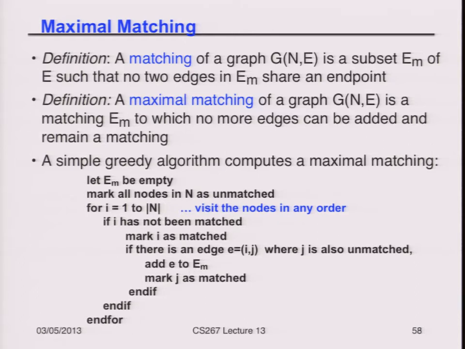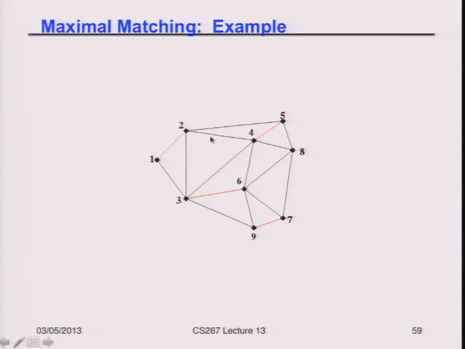So let's run the algorithm on a little graph and just see what happens. So here's my graph. And I'll visit the vertices in numerical order. I'll start with vertex 1, and I'll say, visited you. Can I find an unvisited partner? Yeah, vertex 2. So I'll grab the edge that I've colored red and add that to my matching. Then I go to vertex 2 and say, oops, I've been there already. Then I go to vertex 3. OK, you haven't been found. Let me look at all your neighbors.